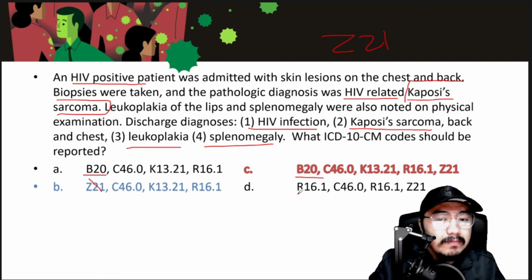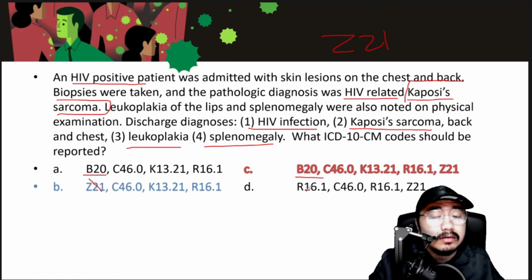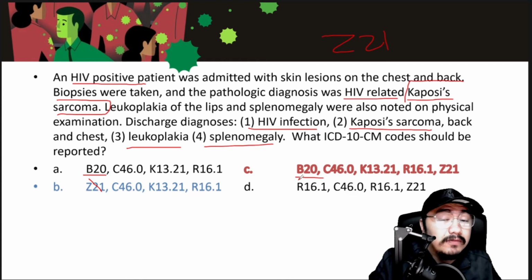And letter D, the coder coded R16.1, a manifestation or sign and symptom in the scenario, first as the primary. No. Eliminate all of this. Eliminate all of B as well, because even if one code is wrong, you will eliminate all.